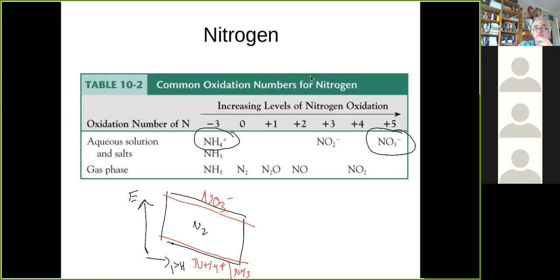Mixing things with a large difference in redox state, this +5 and -3, is a potential risk, because electrons from the -3 nitrogen may very well transfer to the +5 nitrogen. That is probably an exothermic reaction, forming nitrogen, a very stable gas. But this is, as I said, kinetically hindered.